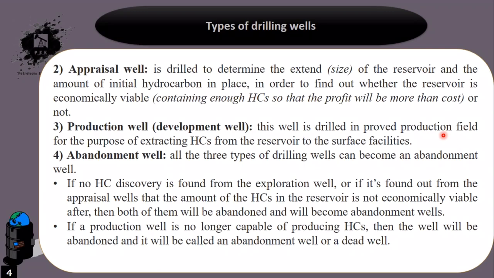If a field is well known and all the information is available, then that field is called a proved production field. We will not drill any production well in an area where less information is available about it. So the production wells are only drilled in proved production fields.